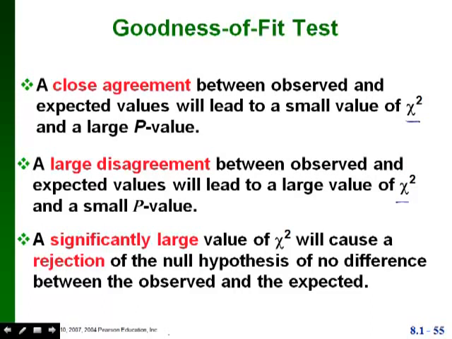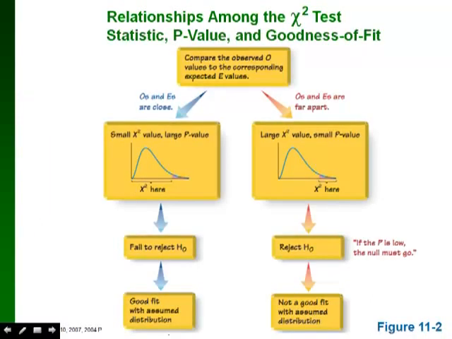And if our value of chi-squared is large enough, then our conclusion will be to reject the null hypothesis, and that will mean that there's support for the claim that the values don't fit with the distribution. So here's a little diagram that gives you an idea of the two situations that we can have.